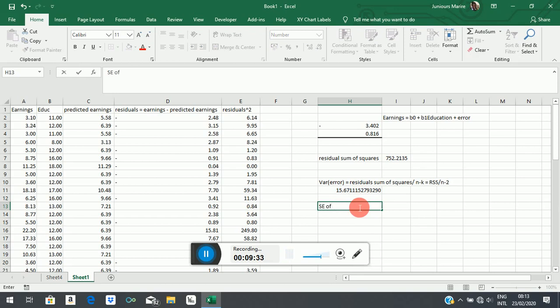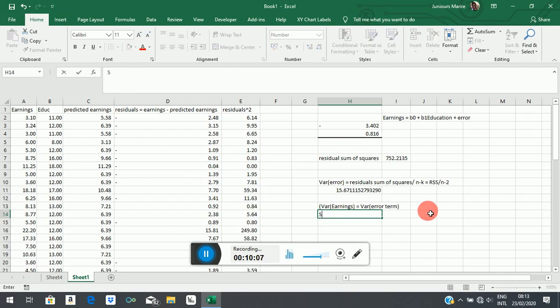So what is the standard error of the regression, bearing in mind that the variance of earnings will be equal to the variance of the error term? In other words, the variance of the dependent variable is always equal to the variance of the error term.